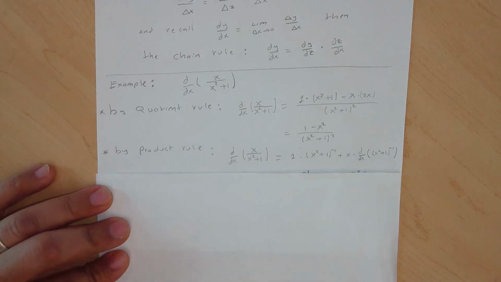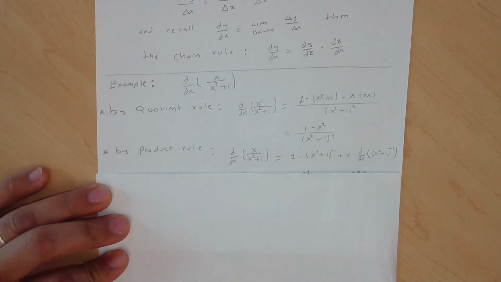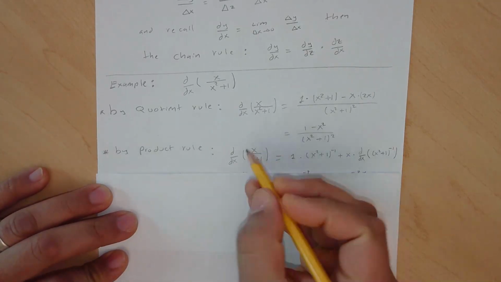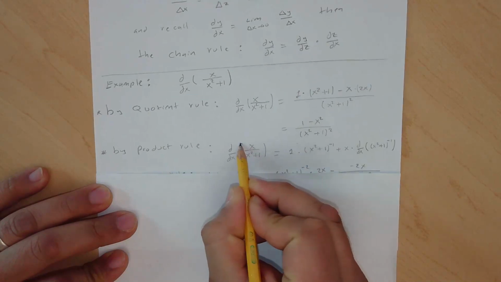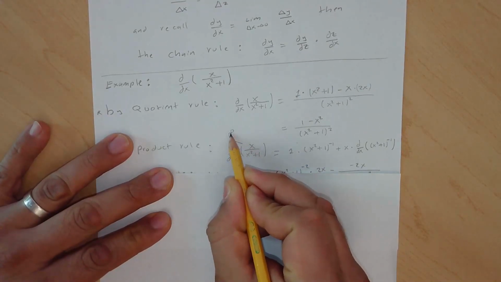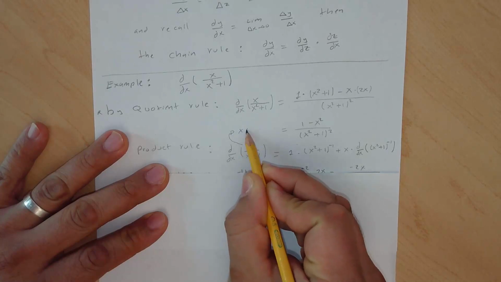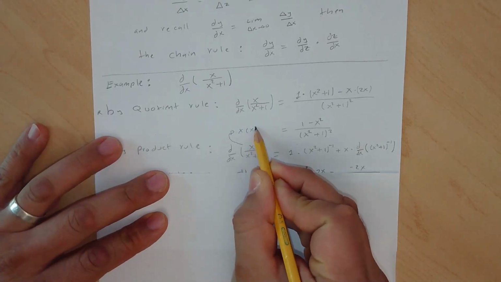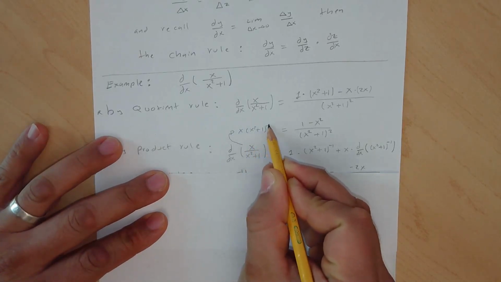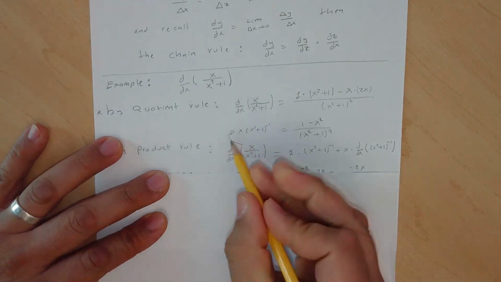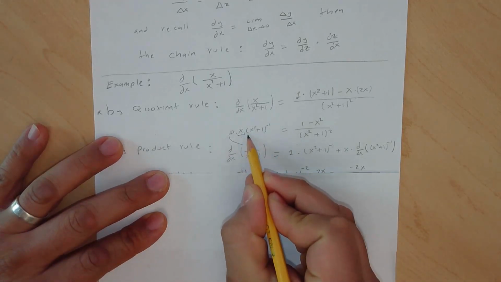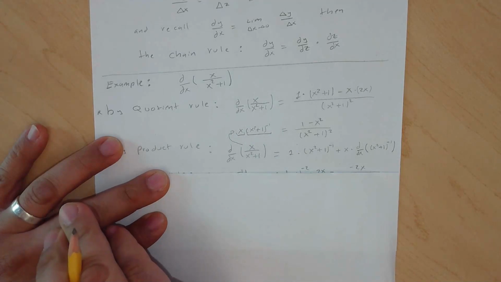But what happens if we do it by the product rule? We can do it because this function that we have here, we can rewrite as x multiplying x squared plus 1 to the power of minus 1. So we have one function here and another function here.